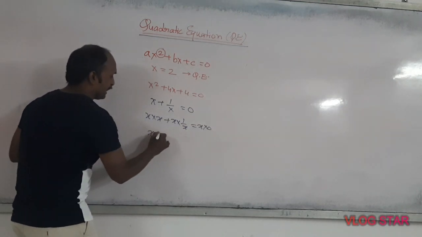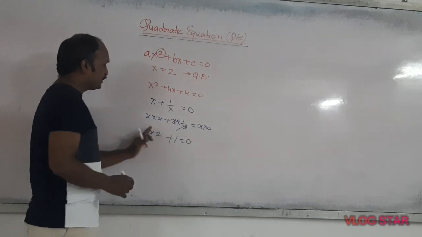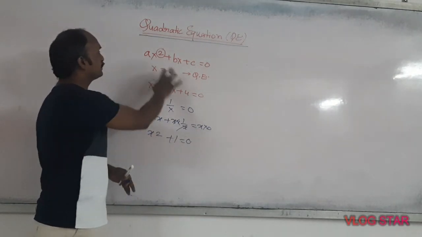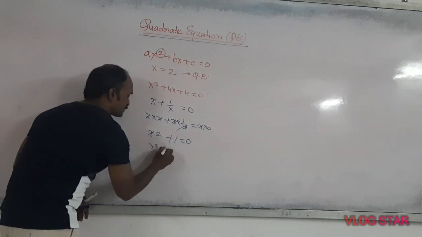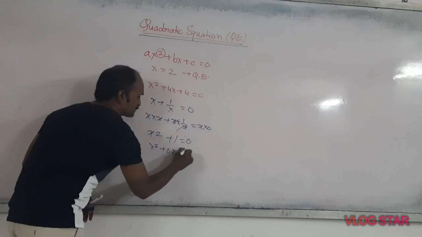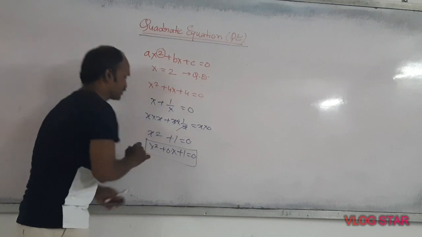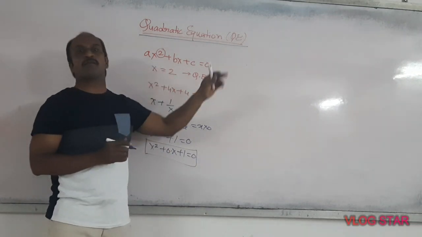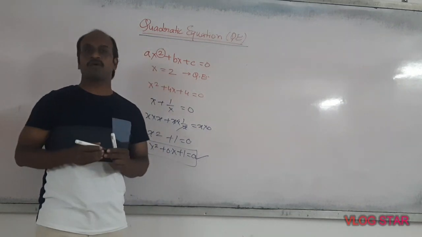You will get x square, this will get cancelled, plus 1 is equal to 0. We can transform this equation into the form of ax square plus bx plus c, so we will have x square plus 0x plus 1 is equal to 0. We can see that this equation is in the standard form of a quadratic equation. Therefore, this is a quadratic equation.